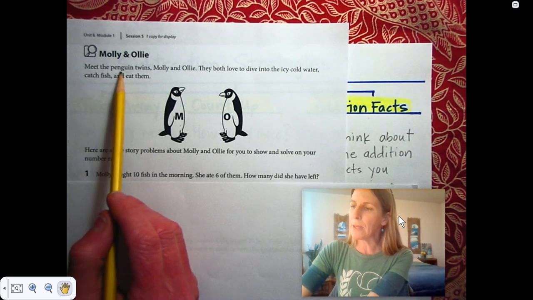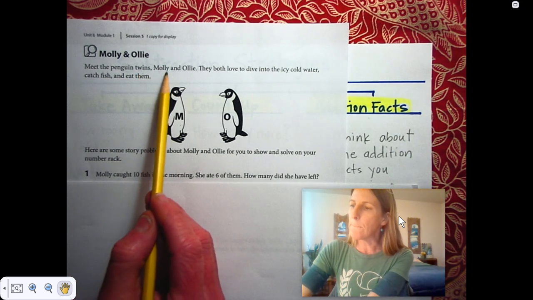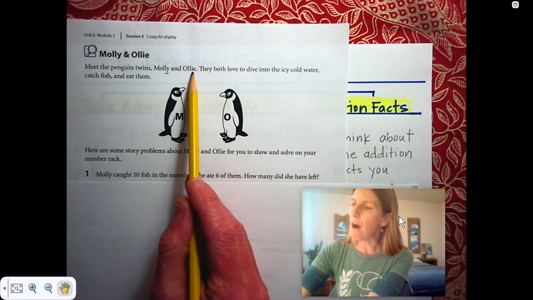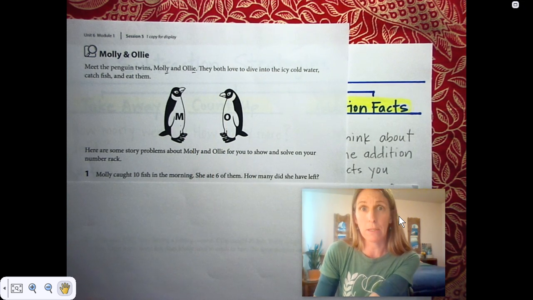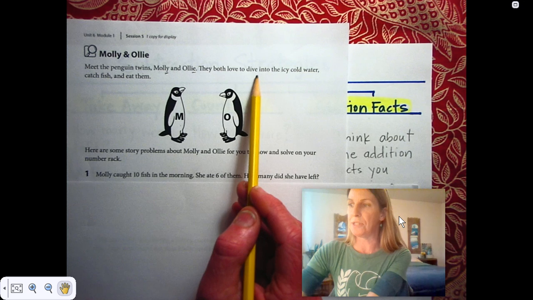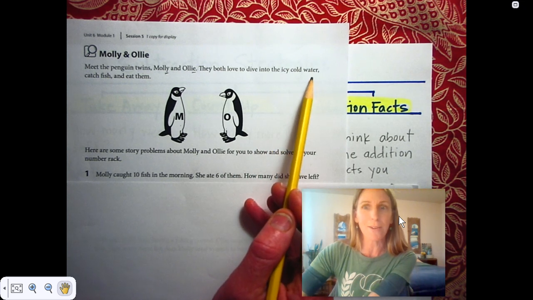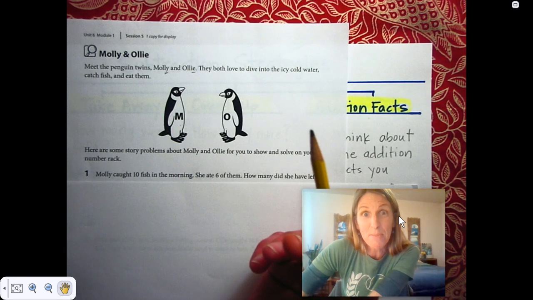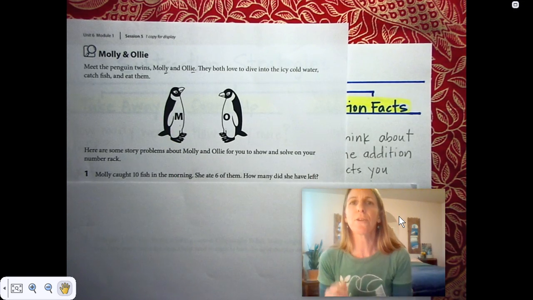It says, meet the penguin twins. Molly, her name ends in a Y, and Ollie, his name ends in an IE, but they both say E. So there's Molly and Ollie. Hey, guess what? They both love to dive into icy cold water, catch fish, and eat them. That's what penguins do.